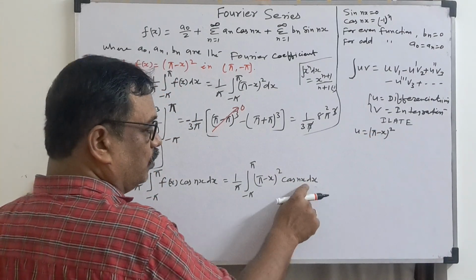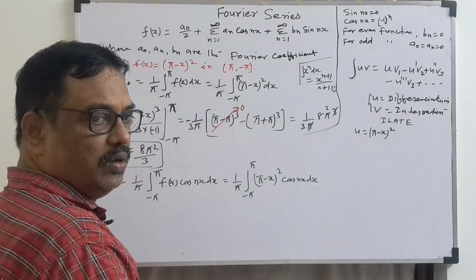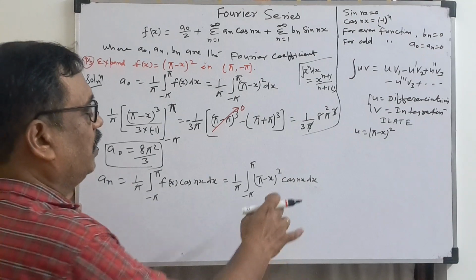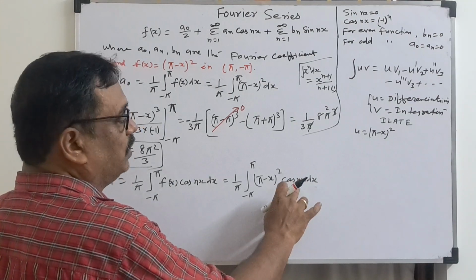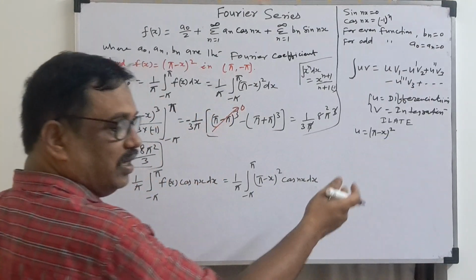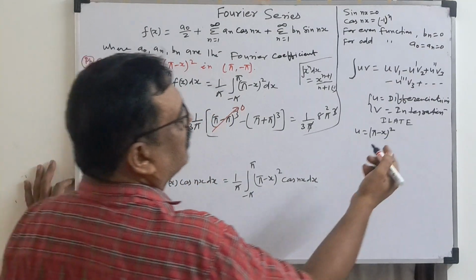If you take the trigonometric term as u, it will never become 0. However many times you differentiate, sine and cos keep coming, so it will not come 0. So that is also the concept: this will become 0 after 2 or 3 differentiations.